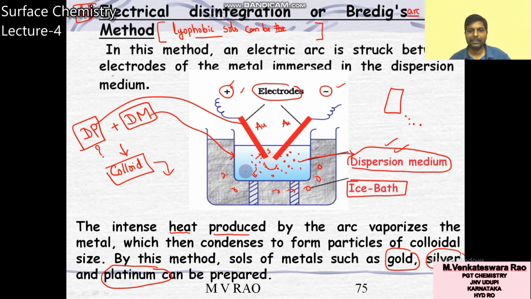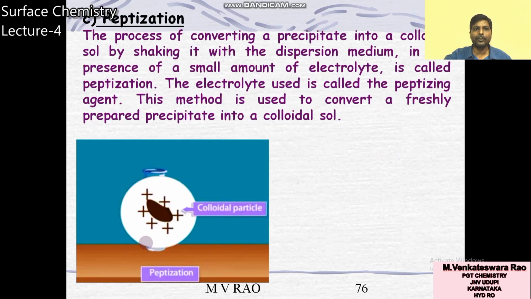Those vapors again condense because of this ice bath. So those particles are present along with the dispersion medium, and finally sols of metals are formed. Examples of this are gold sol, silver sol and platinum sol. So generally this method is used to prepare lyophobic sols.